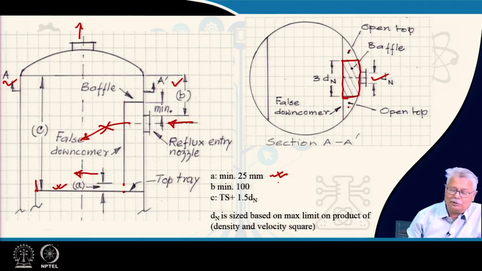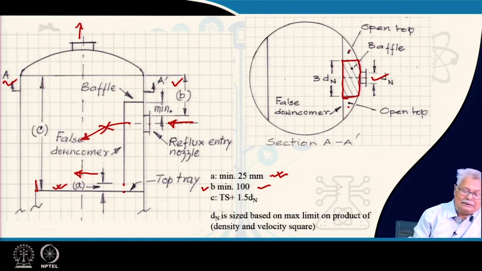Now, you have one more important dimension. That means how much below the top you are going to inject your reflux. That is your dimension D. The minimum is 4 inches, that is 100 millimeters. Next comes the distance C. That means how much below the top you are going to place your deck.